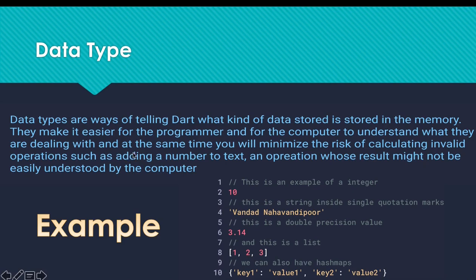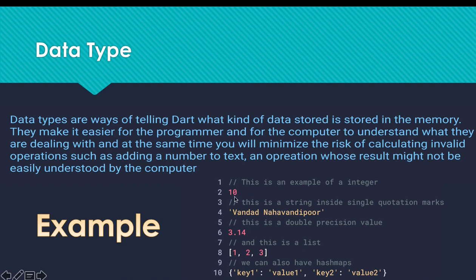At the same time, you minimize the risk of calculating invalid operations, such as adding a number to text, an operation whose result might not be easy for the computer to understand. So let's take the example here.